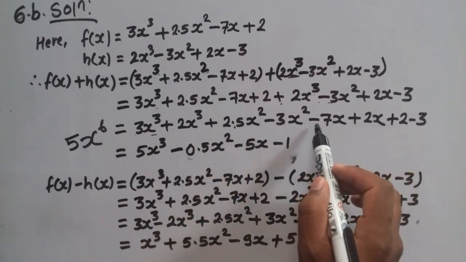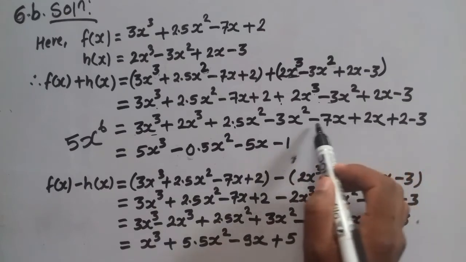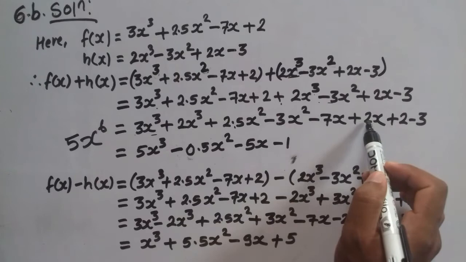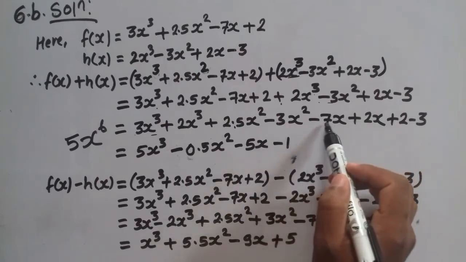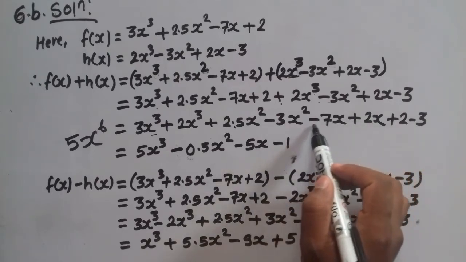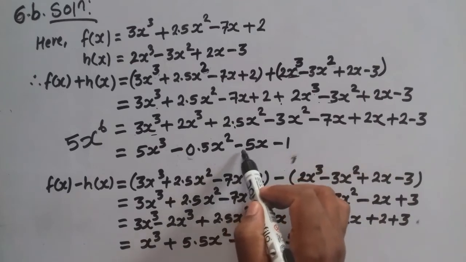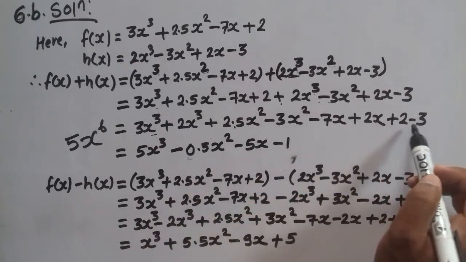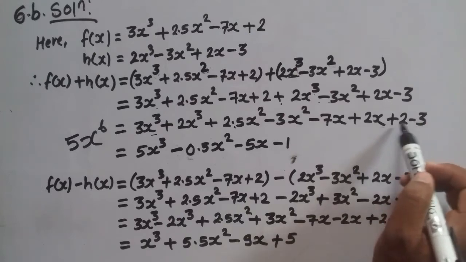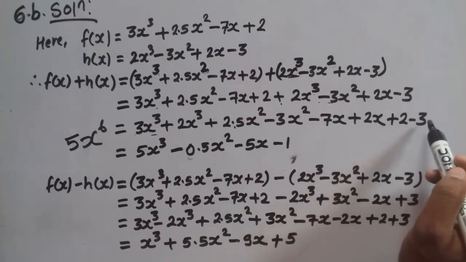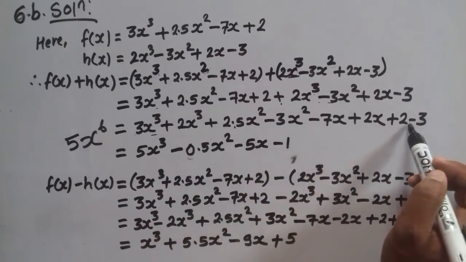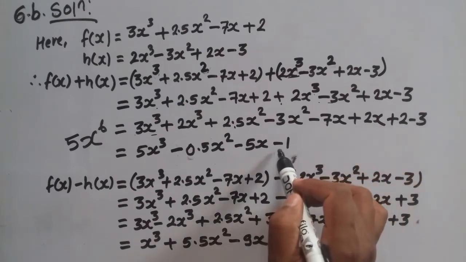And then here is also minus and plus sign, so we have to subtract: 7 minus 2 is 5, and since 7 is greater and it has minus sign, we have written here minus sign. Then plus and minus for the number also, so we have to subtract: 3 minus 2 is 1 and 3 is greater which has minus sign, so we have written here minus sign.